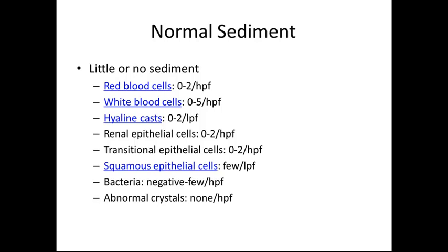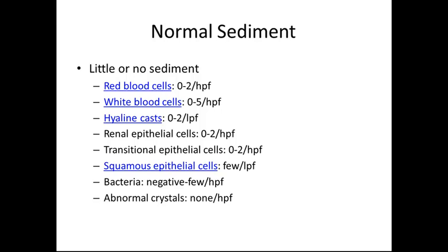So normal sediment, little or no sediment. Red blood cells, the normal range is 0 to 2 per high power field. White blood cells is 0 to 5 per high power field. Hyaline casts are 0 to 2 per low power field. Renal epithelials are 0 to 2 per high power field.